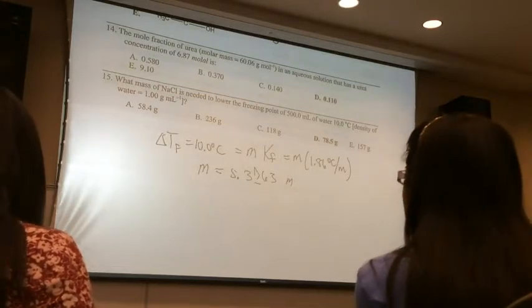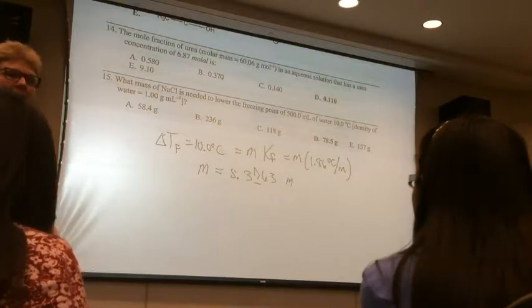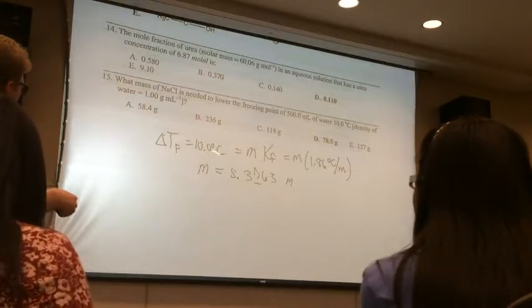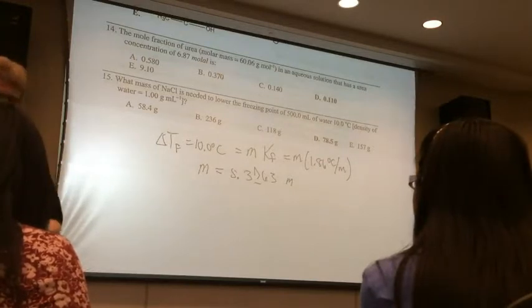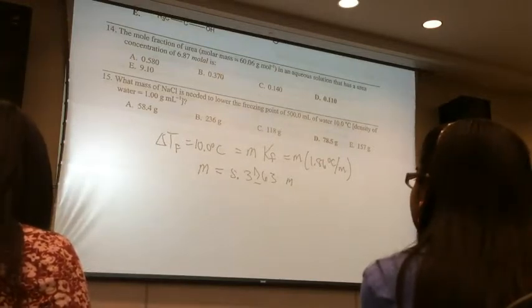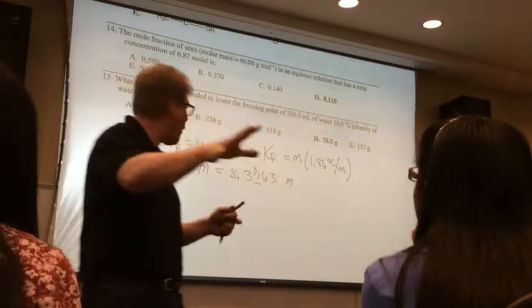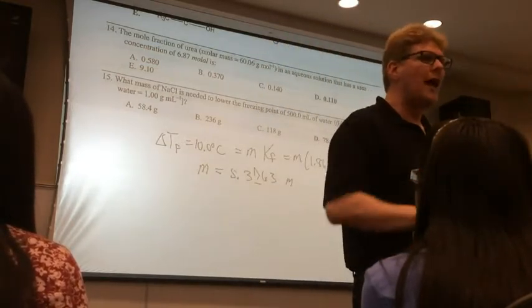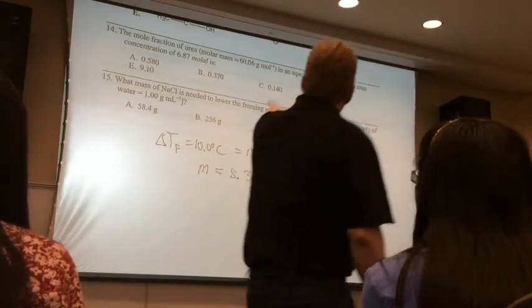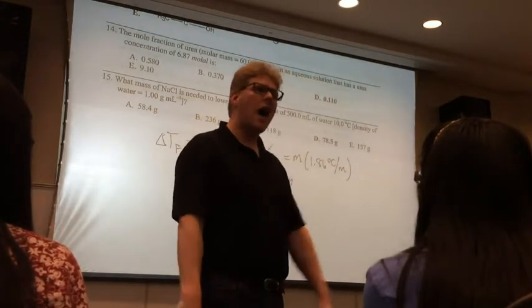Yes? So how do you know when to use the van't Hoff factor? If we're given a delta T, that gives us an actual molality. If this problem had been reworded, and you were told that you made up a 4 molal solution of sodium chloride and measured a delta T of 10 degrees, what's i?